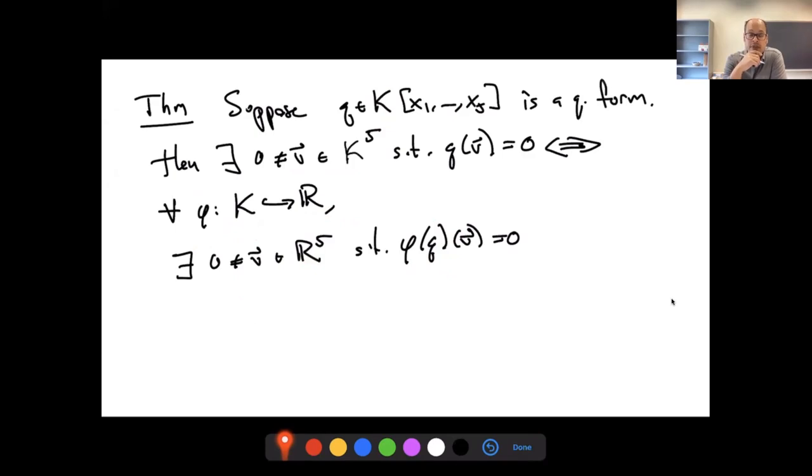So again, with 5 variable forms, basically the behavior over the real numbers is the only obstruction.